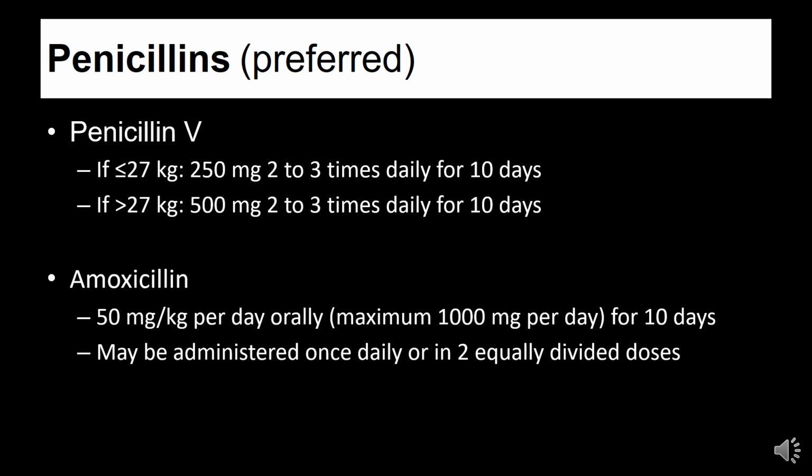For these ones, you give them 50 milligrams per kg per day for 10 days. This may be administered once daily or in 2 equal divided doses. So the daily dose is 50 milligrams per kg per day. Duration is 10 days, whether Pen V or amoxicillin. Just check the dosing against the weight of the child.